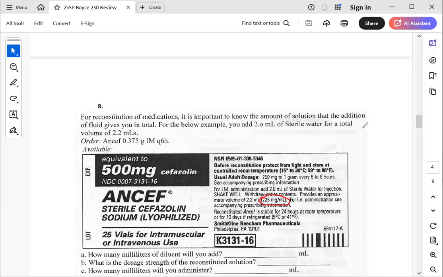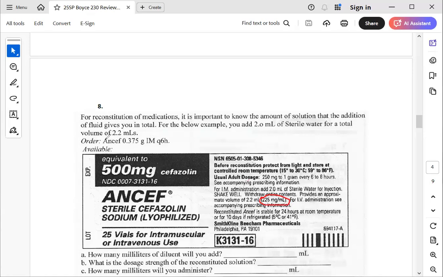How do you know you're dealing with a reconstitution? It doesn't necessarily say "for the following reconstitution." Sometimes it just gives you an order and an available, and you have to know that it's a reconstituted medication. A couple things that I always point students to, because you're not always given the units, you're expected to know what units to administer.